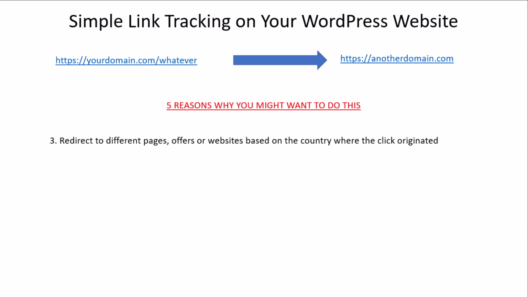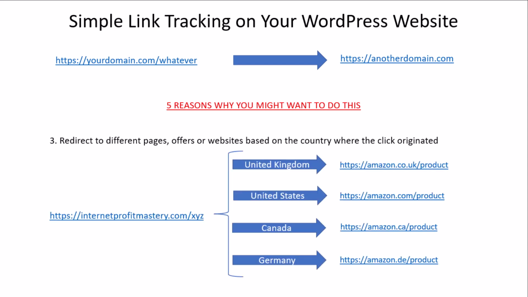So here's how that works. I created a link and it's internetprofitmastery.com/XYZ in this example. And based on the country that you're in, my system will send you to a specific URL or page. So here you can see in my example, I'm just redirecting to Amazon in different country locations.